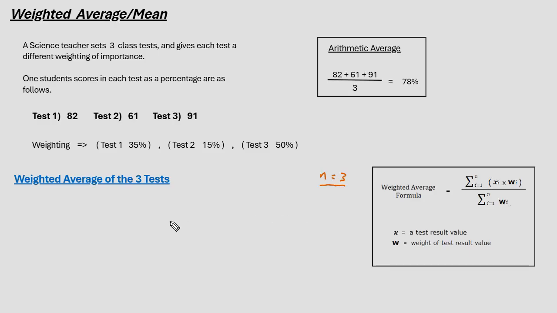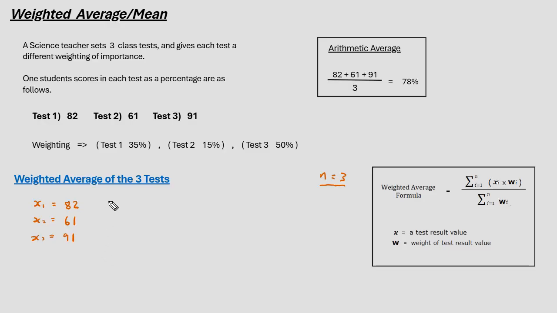And if we consider what the x values are, we have 3 of them, and they are the test scores. So the first test, 82, 61 for the second test, and 91 was the score for the third test.